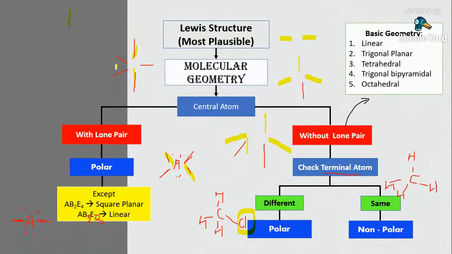For this one, we produce a resultant dipole moment towards the left-hand side, and then left and right cancel. Octahedral is very simple: cancel like this, like this, like this. That's why for all the basic geometries, as long as the terminal atom is the same, it is considered symmetric. Mu equals 0, non-polar. Nadia, Farisha, get it?